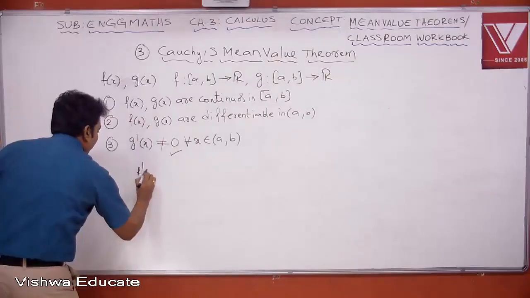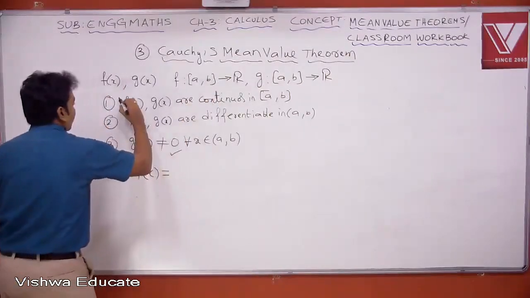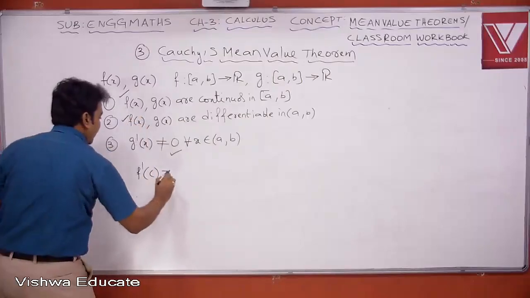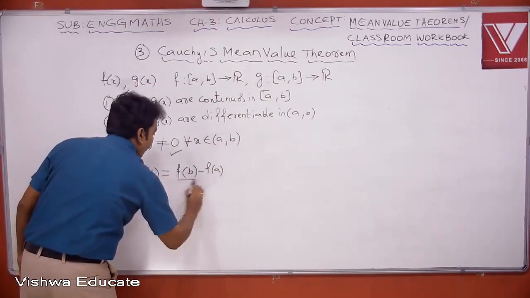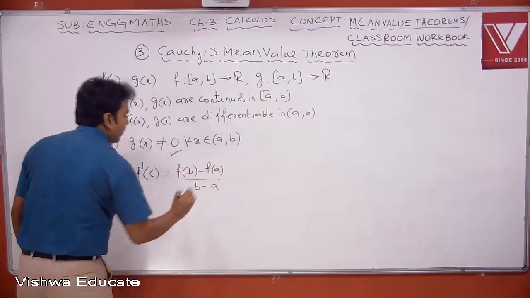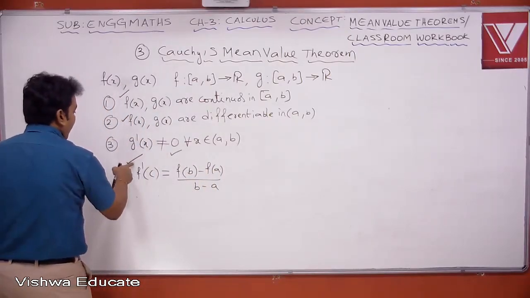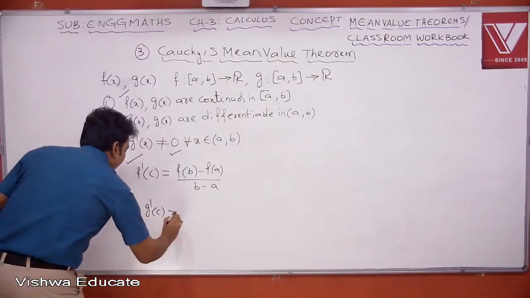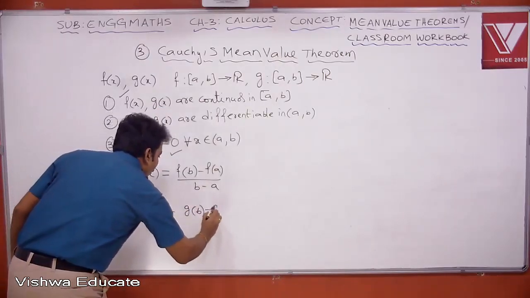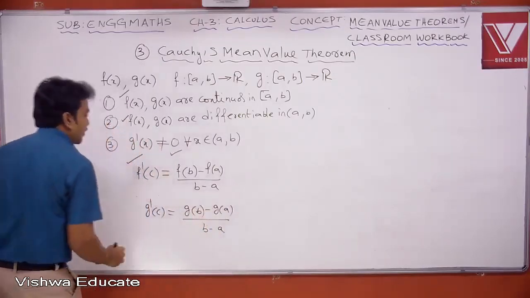When I apply Lagrange's mean value theorem for f of x in this interval, because of this continuity and differentiability, f dash of c becomes f of b minus f of a divided by b minus a. If I apply Lagrange's theorem for g of x, then g dash of c equals g of b minus g of a divided by b minus a.